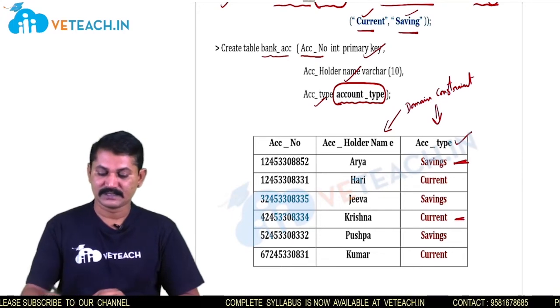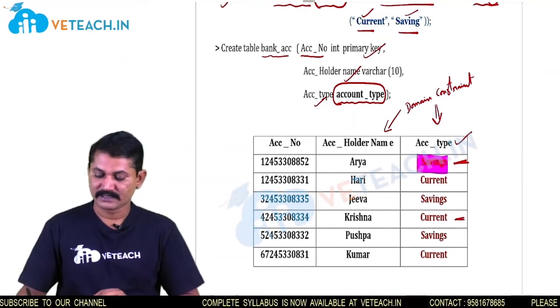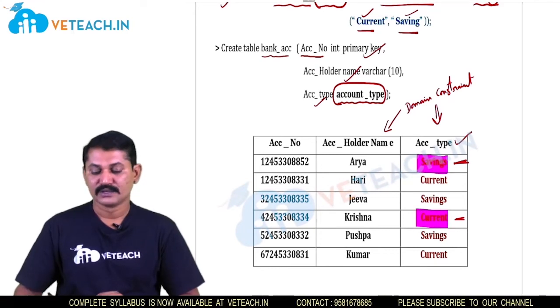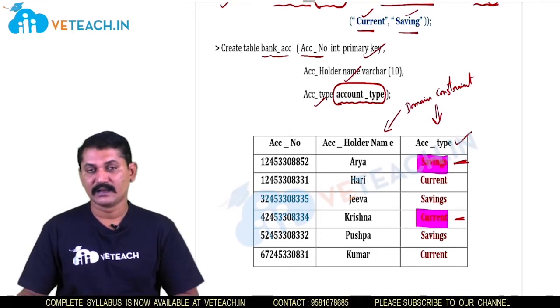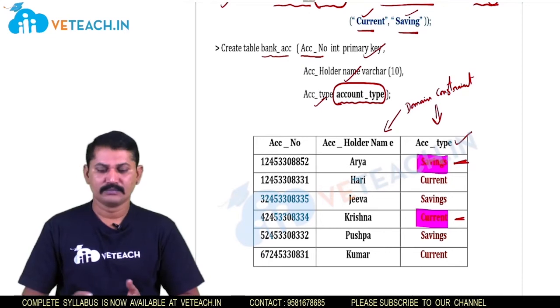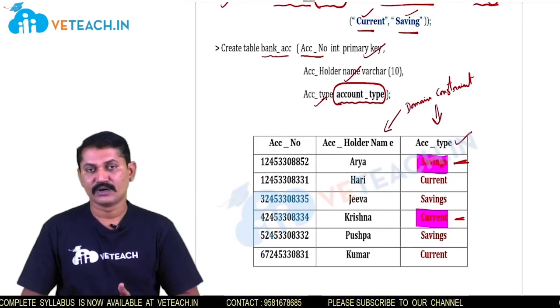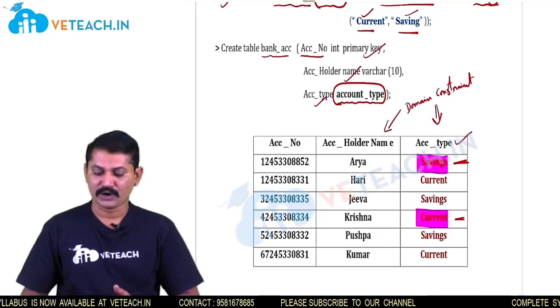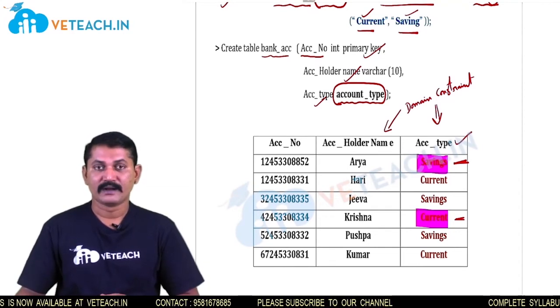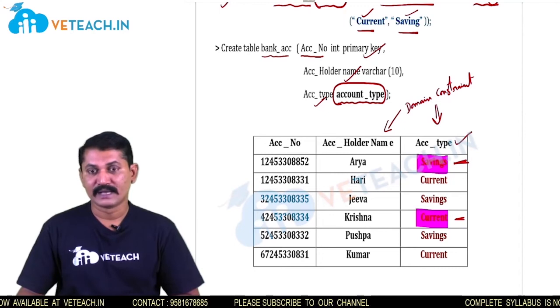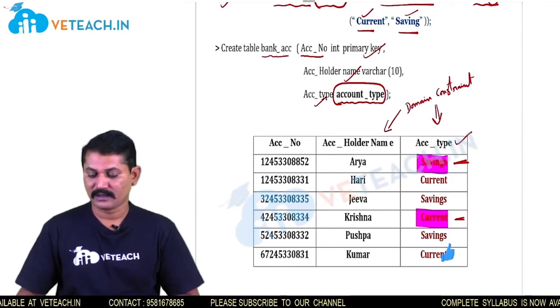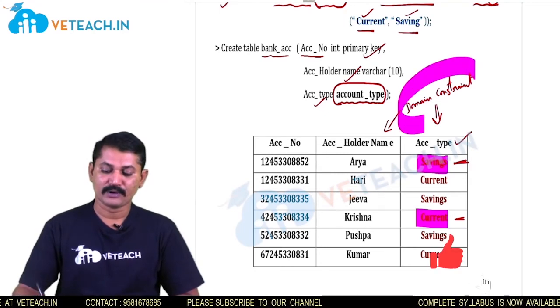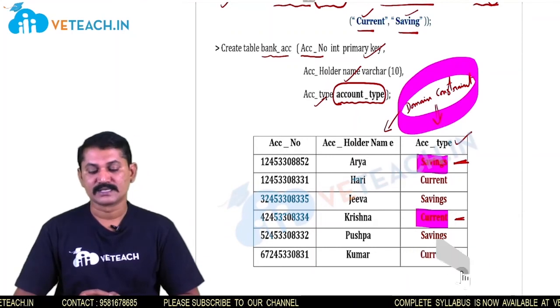Once again observe this, the savings or the current. So only two entries are allowed for the account type. Maybe the account number and the account holder names will change as per the entries to the records, that means to the tuples, but the account type must be savings or current depending upon this domain constraint.